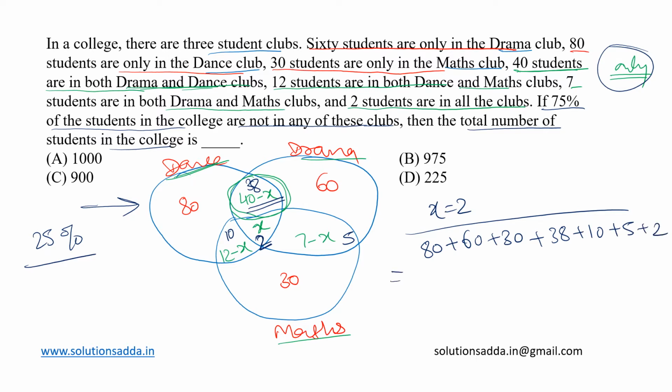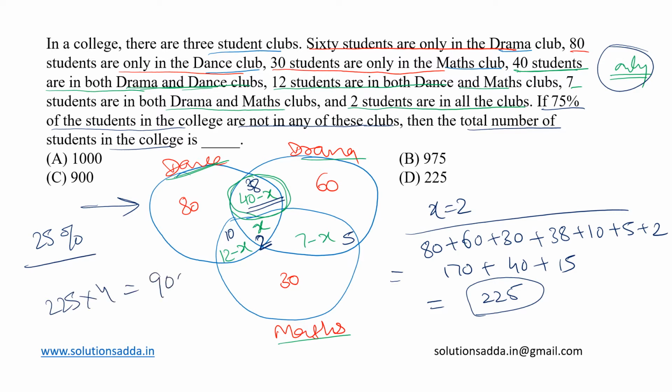So we get 80 and 30, 170 plus 40 plus 15, which will be 225. Now this was only the 25% strength of the college, hence the total strength will be 4 times of this. So 225 into 4 is 900. So in total there are 900 students in the entire college. Some of them belong to the clubs and some of them do not. So the answer we get for this question is option C, 900.